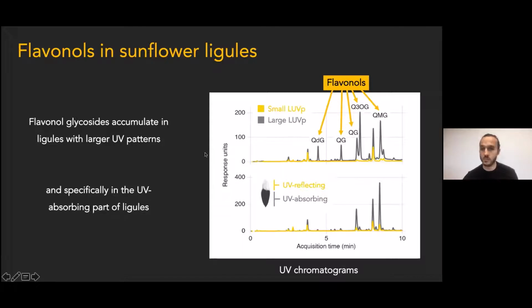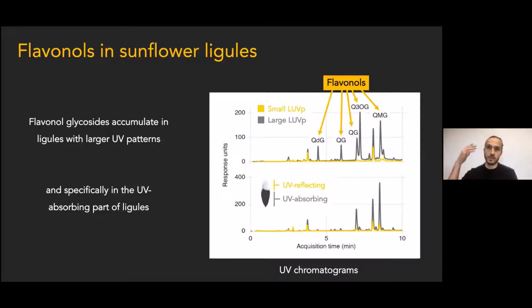The same is true when you compare different parts of the same petal. You can see here that the basal part of the petal accumulates these same quercetin glycosides, and they are accumulated at much lower levels in the upper part that is UV reflecting. So this seems to suggest that MIB111 controls this variation in floral UV patterns through its effect on accumulation of flavonol glycosides.